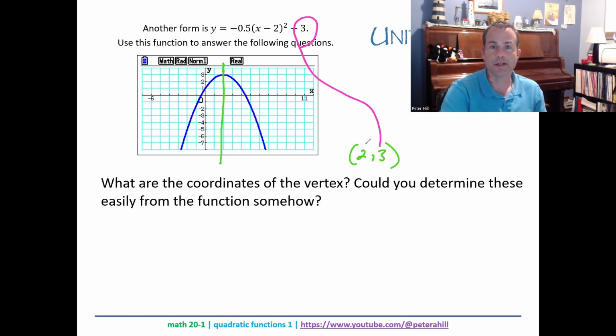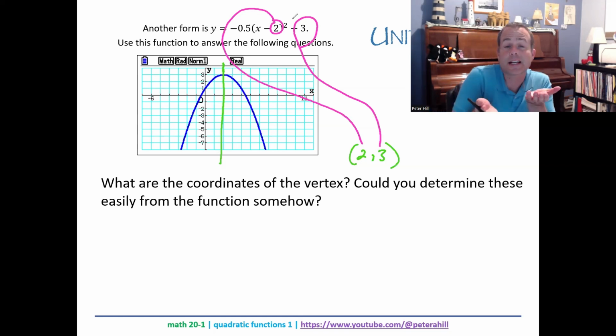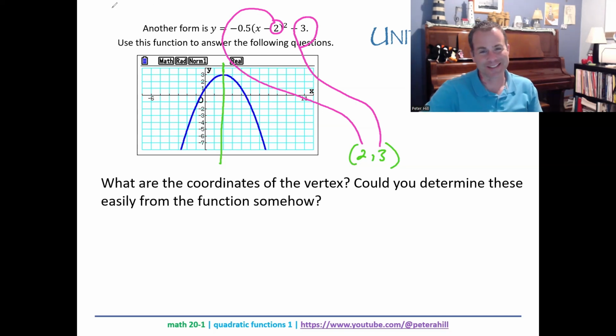There's my 3, and there's my 2, okay? Right off the bat, you're going to hear me say this 1,000 times, but notice that it says x minus whatever that number is. That's just something to get in your head right away. But this is actually called the vertex form of an equation because it tells us the vertex.